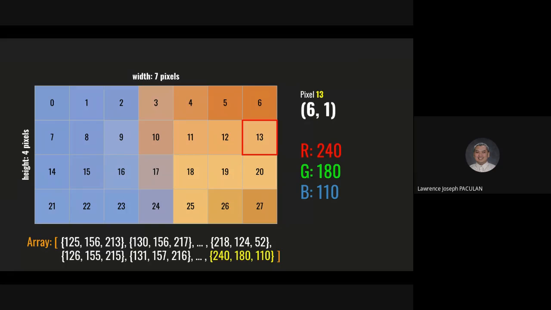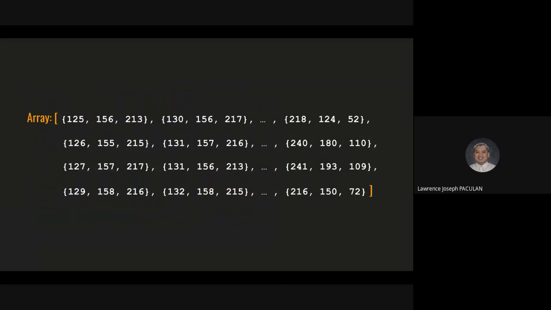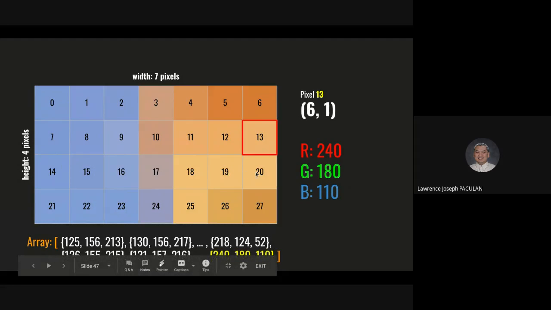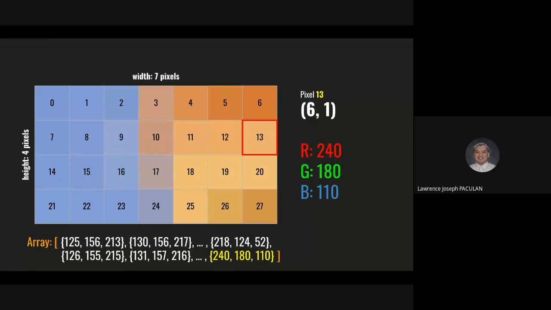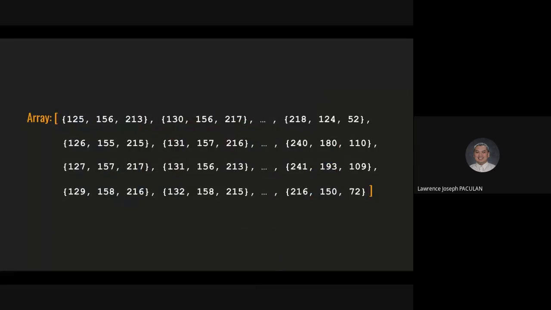Okay, so from pixel 7, pixel 8, and then 9, 10, 11, 12, until the information on pixel 13 is recorded and stored in that particular array. And then after that, we go to 14, this row, and then until we get to the last column for the last row. So after that particular process, your array should have a list of values that will look like this, right?